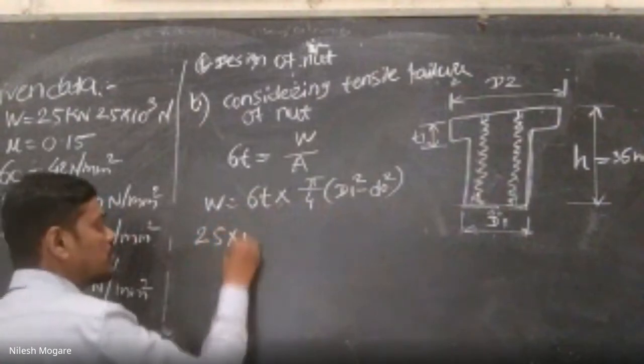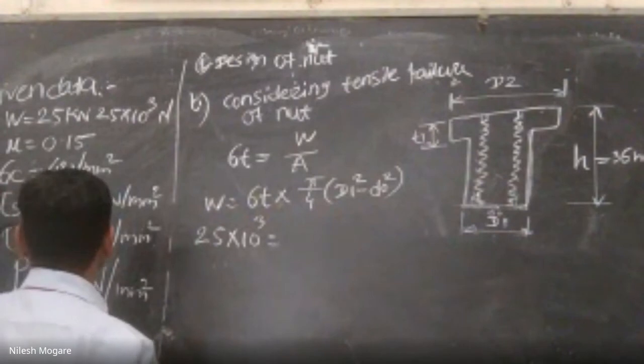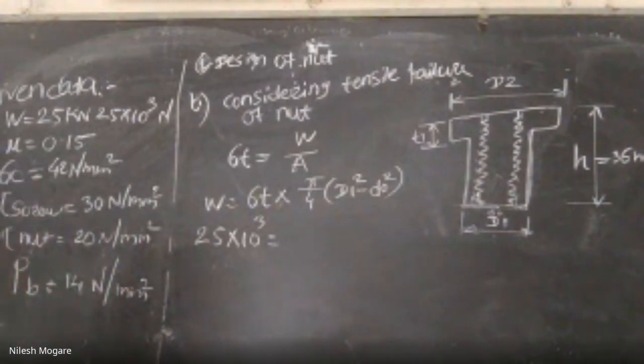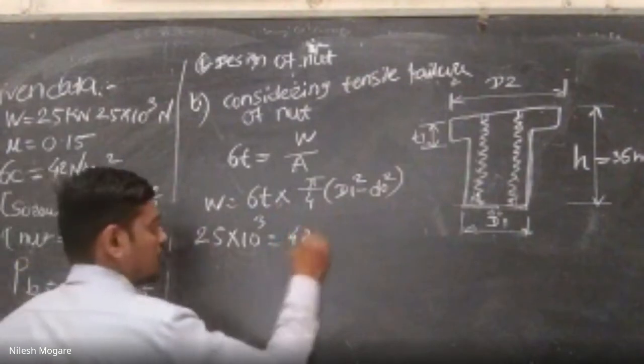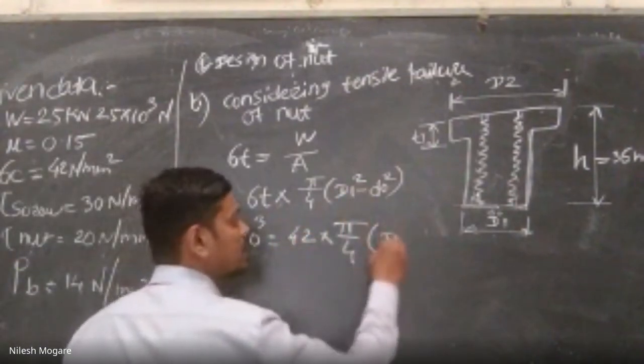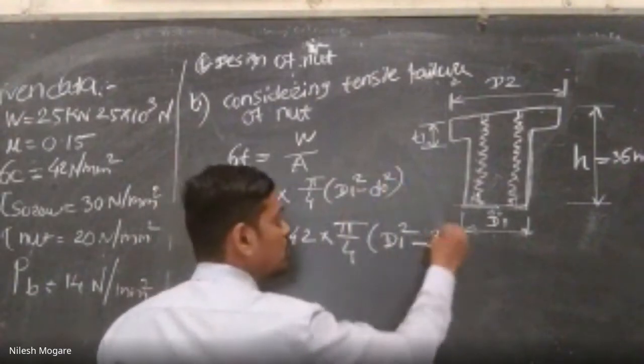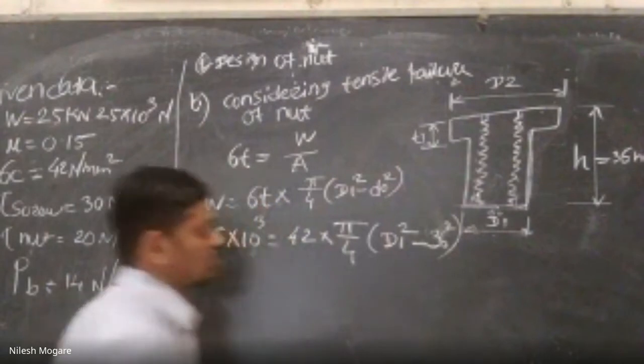Value of W 25 into 10 raised to 3, and sigma t. Sigma c and sigma t are equal, that means 42. Pi by 4 d1 square, we do not know the value of d1, we will calculate it, and d0 is nothing but 36 square.